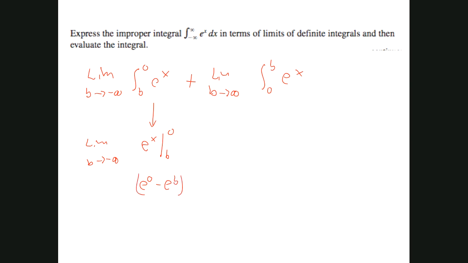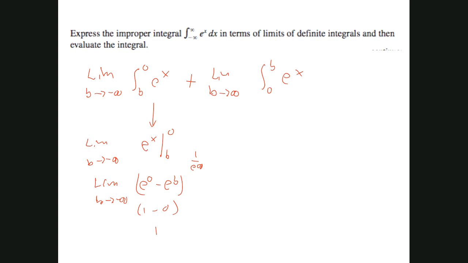Well, e to the 0 is 1. And then e to the negative infinity, well, isn't that 1 over e to the infinity? Which is 0, isn't it? If my math skills are correct. So this just becomes 1.